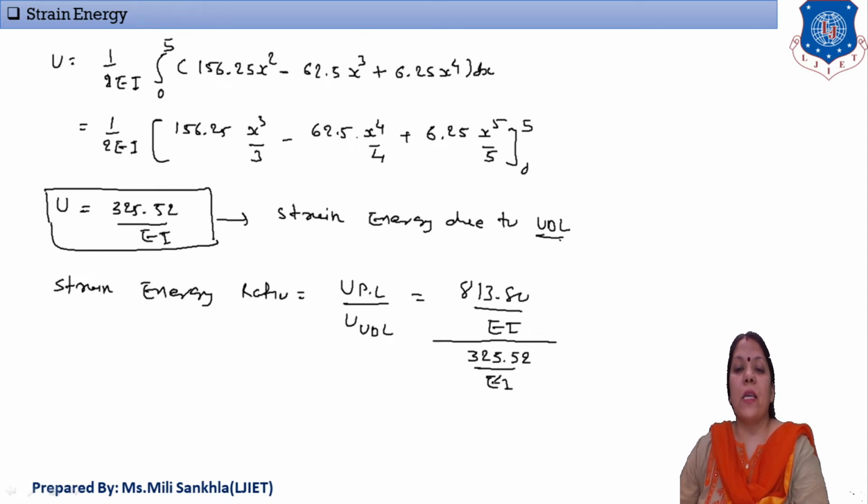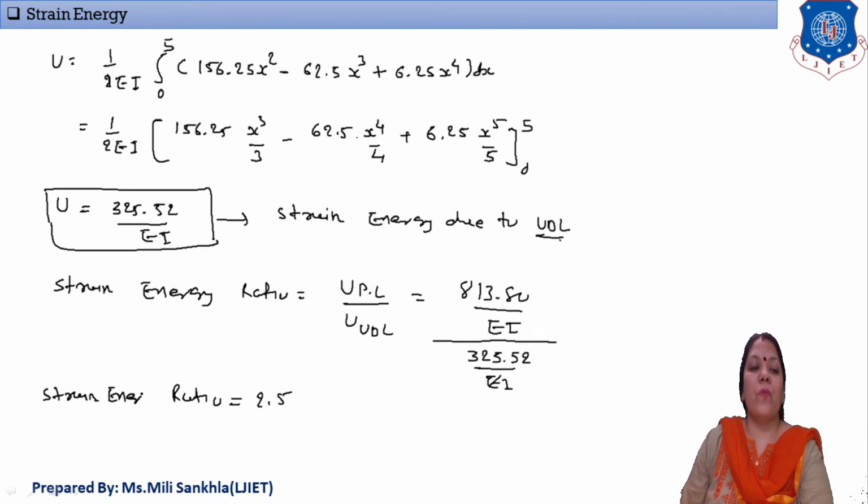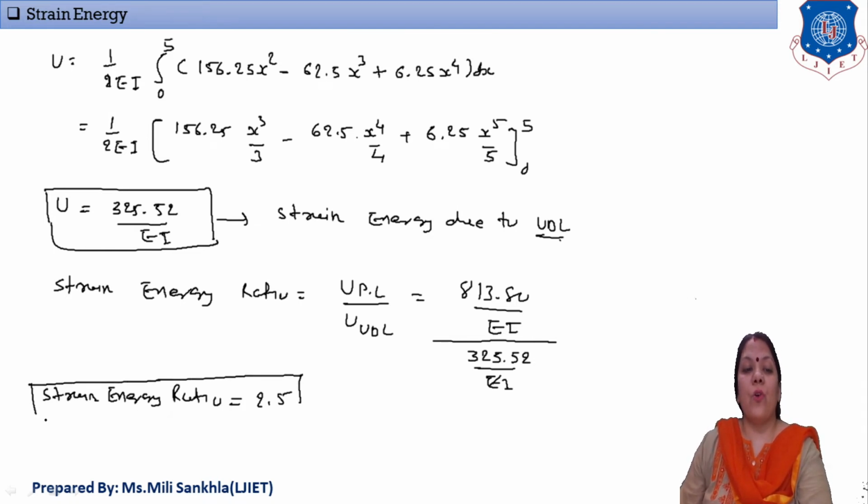This EI is cancelled, and my ratio is equal to 2.5. This is my strain energy ratio. 2.5 is my final answer for the ratio of point load to UDL load.